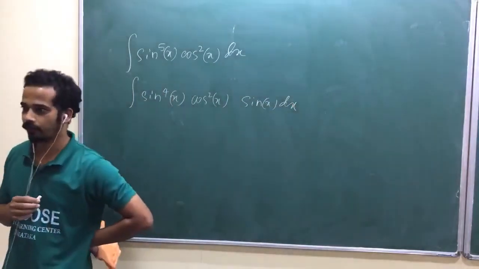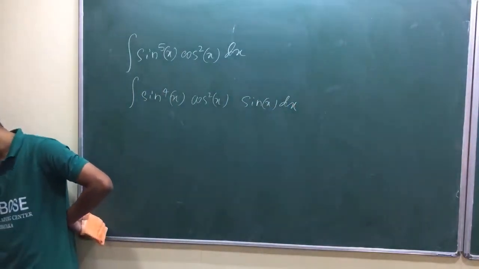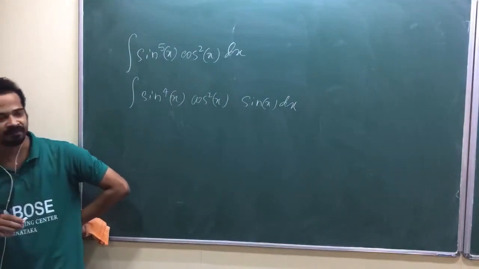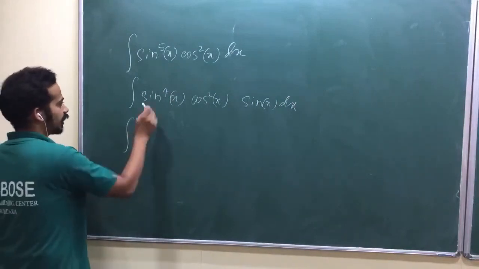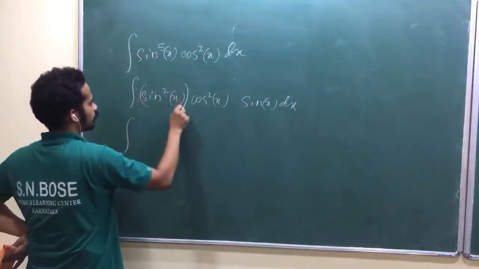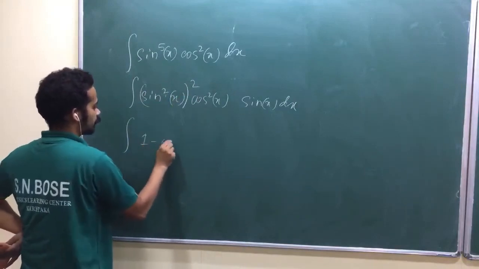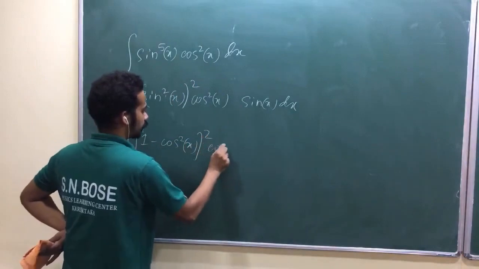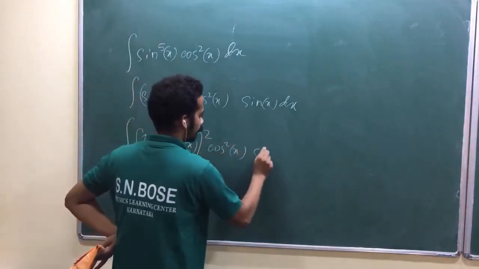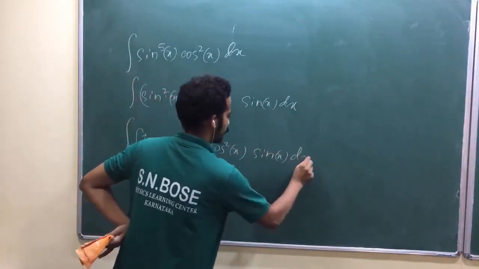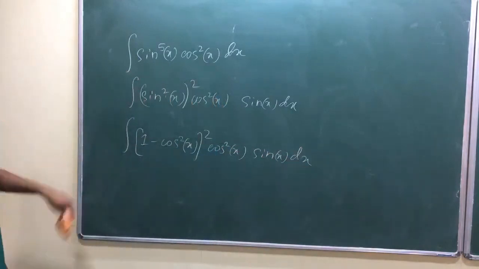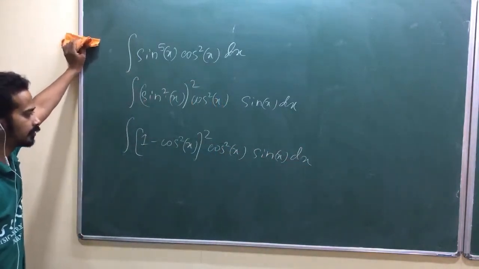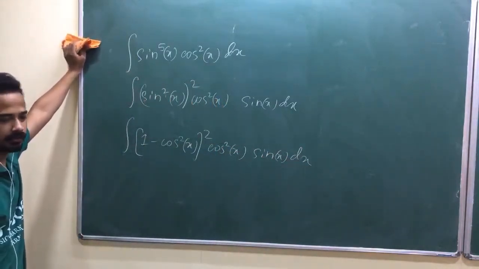You can write sin power 4 as sin square x the whole square. You can write it as 1 minus cos square x the whole square into cos square x into sin x dx. Am I right? Now you can put cos x is equal to t.